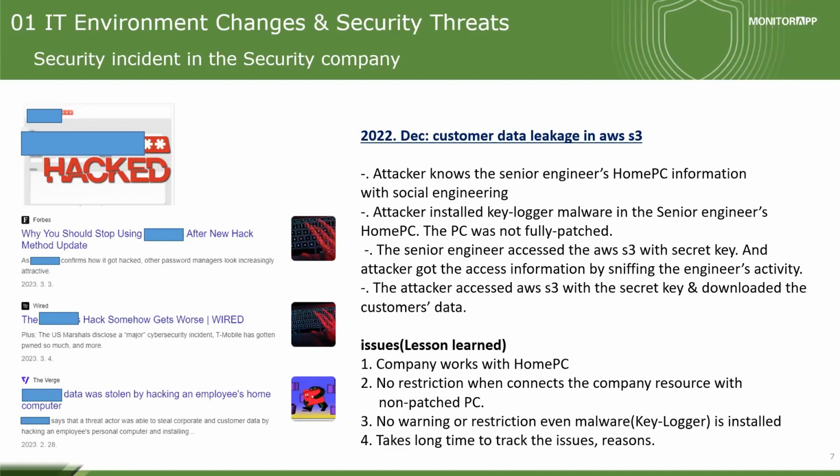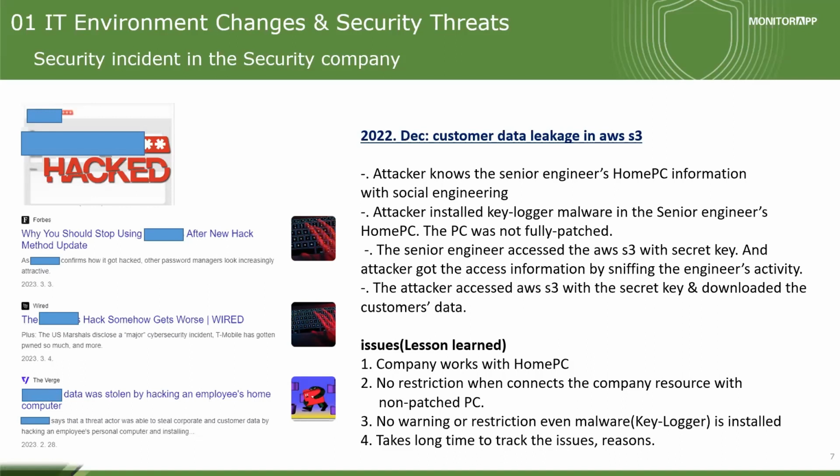And also, the attacker realized that the engineer's home PC was not fully patched. Due to this issue, the attacker could install malware with a keylogger function. And after installing the keylogger, the attacker could monitor the activity of the senior engineer.